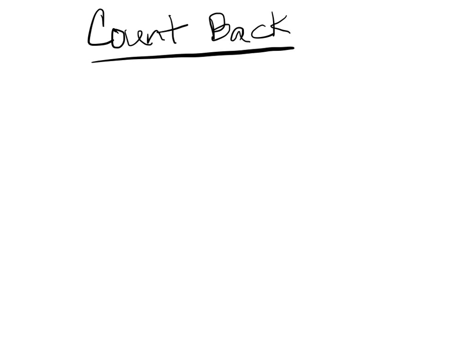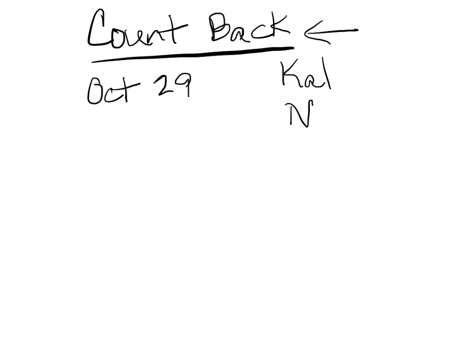For example, let's see October 29th. To find October 29th on the Roman calendar, you can't just go to the 29th. We have to count back from a calends or a nones or an ides.